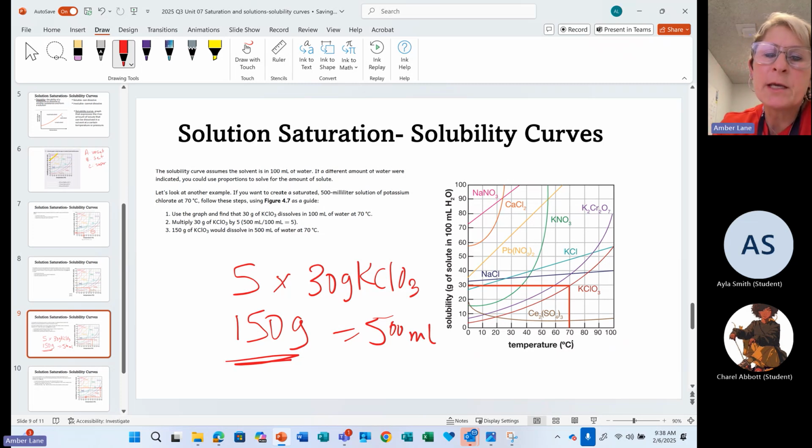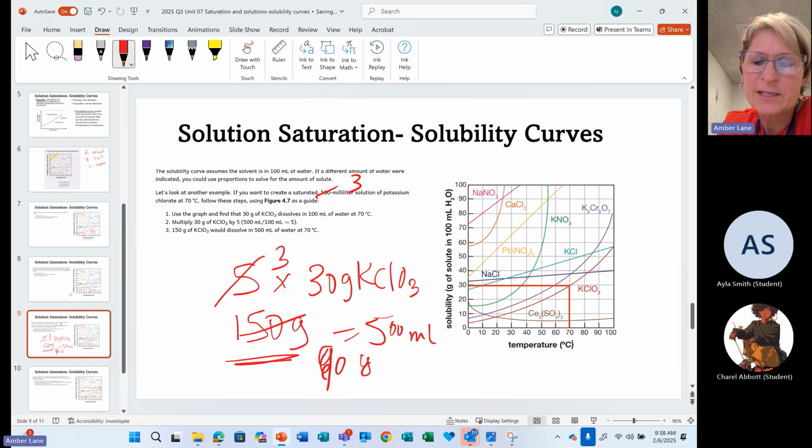If they said 300 milliliters of solution, you would multiply it by 3, and it would be 90 grams. So sometimes you're going to have to do that. If they alter the amount of solvent, you're going to have to multiply the solute by the number they increased it by. That's not too bad.